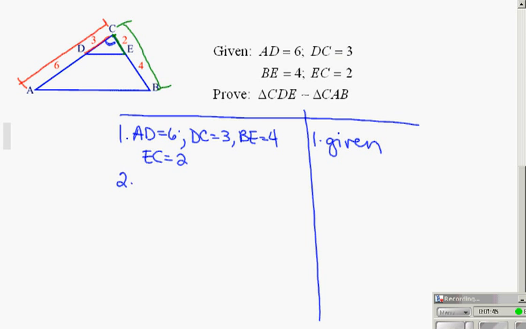Now, I need to get that CA and CB into my proof. So I'm going to go back to parts to whole, and I'm going to say that CA is equal to CD plus DA, and I'm going to say that CB is equal to CE plus EB.